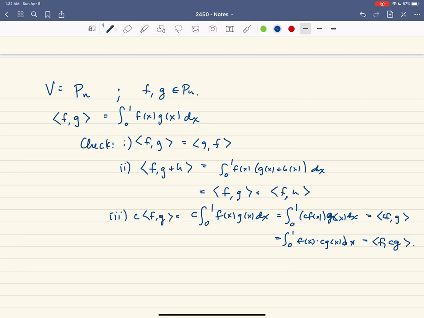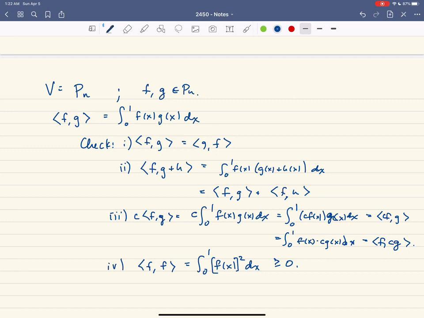Our final property is that the inner product of any function with itself, the integral of f of x squared, is certainly greater than or equal to 0, because we're integrating a non-negative function over the interval from 0 to 1.